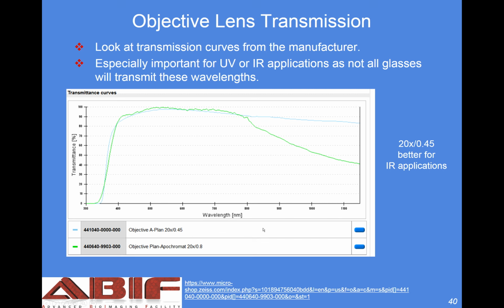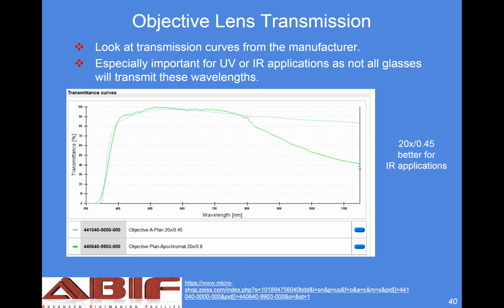This is an objective lens transmission curve for two different lenses. And you can see in the visible range, they're both quite transmissive, up to almost 100% transmission in the visible ranges. But you see out here past 800 nanometers in the infrared range that the 20x 0.8 lens actually loses a lot of transmission in the infrared.